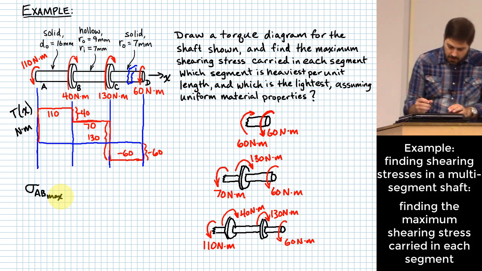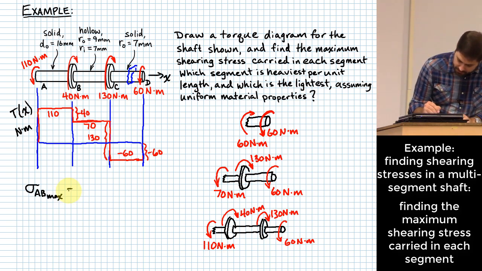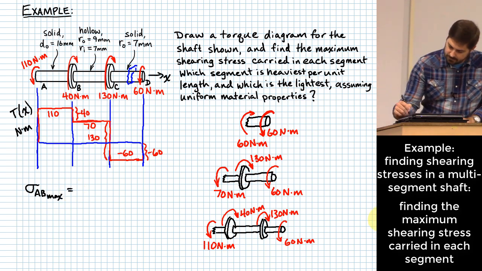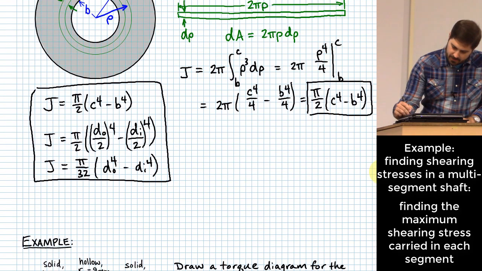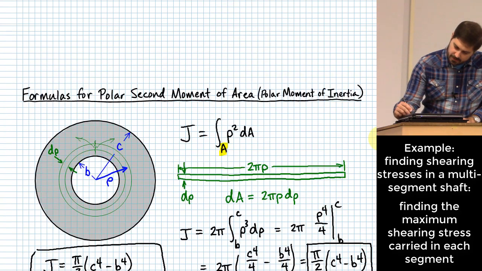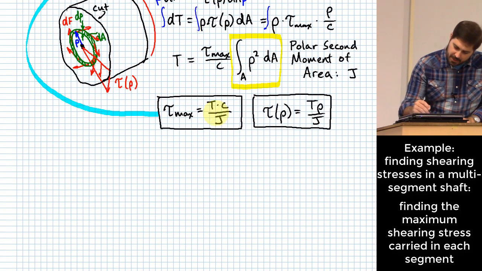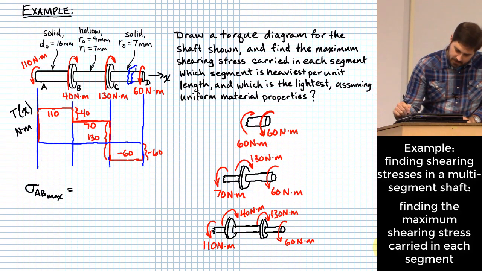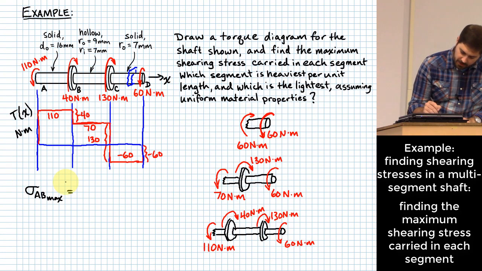All right? So what formula should I use? T was way up here, right? TC over J. Okay. So I'll plug in T. In segment AB, T is just going to be 110 Newton meters. What's C?